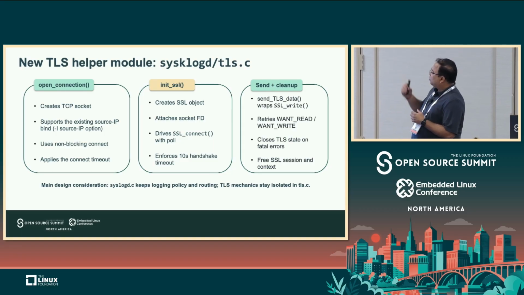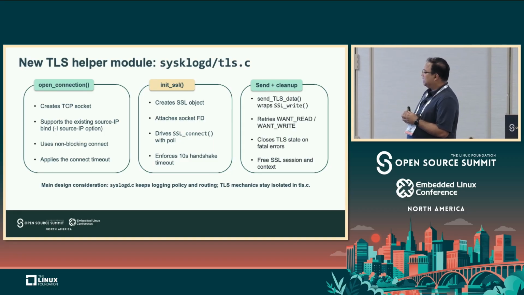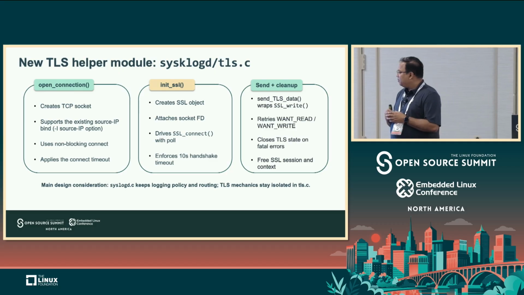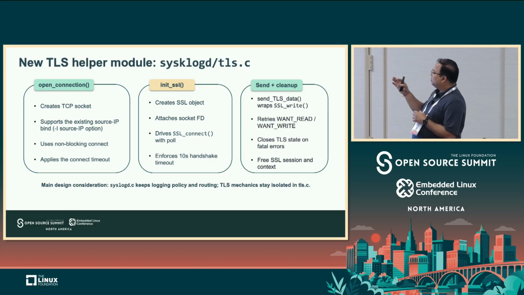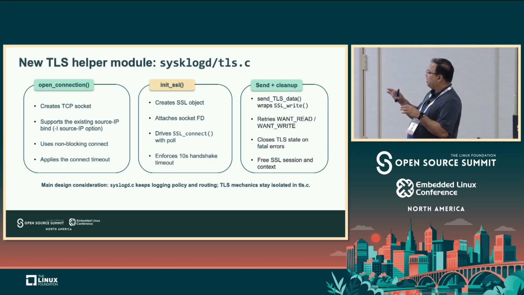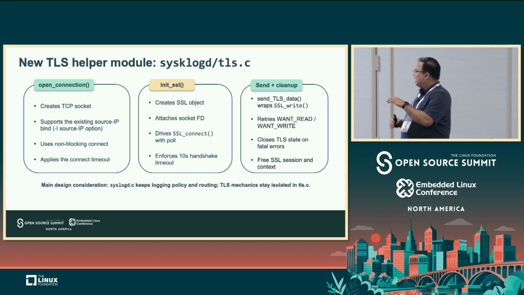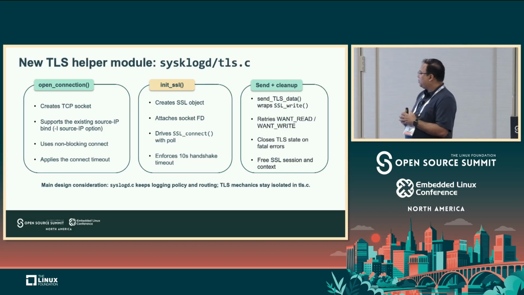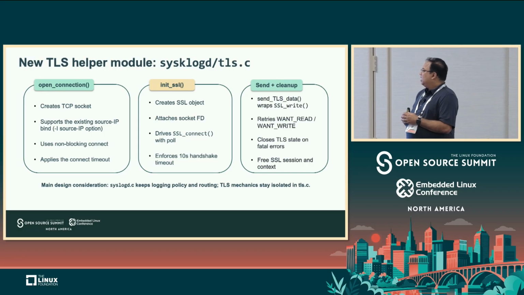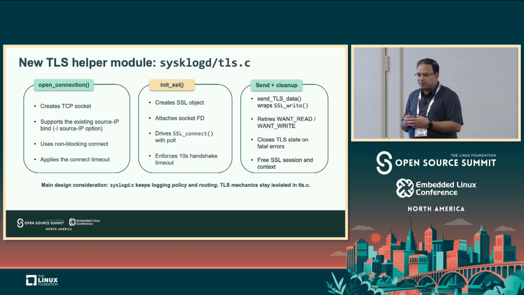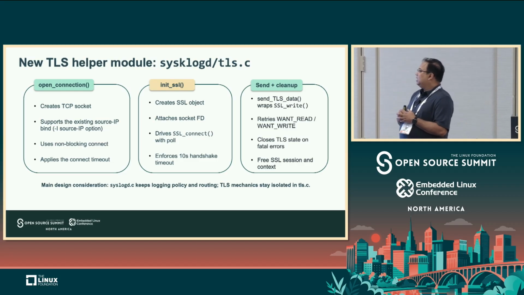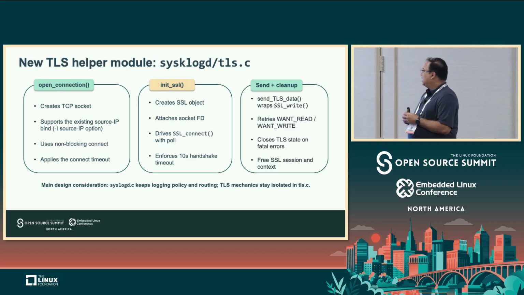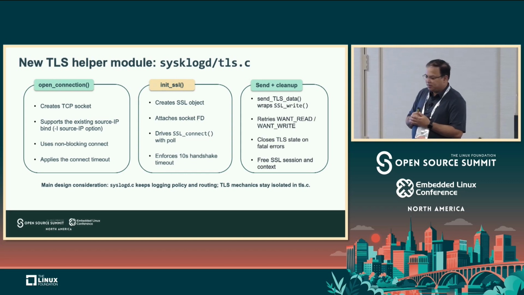This is the new TLS helper module, which was developed during this time. This module basically supports mainly 3 sets of functionalities. It has functions to open the TCP client socket, support the existing source IP binding if the option has been provided while spawning the syslog, and use a non-blocking connect and apply the connect timeout.